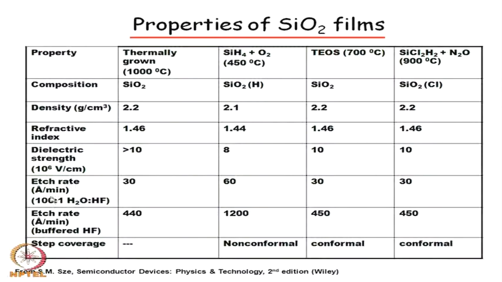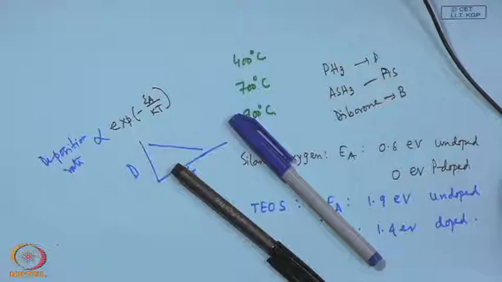Then another property is the etch rate, how fast one can etch SiO2 over some material, because we know that for doping of silicon generally SiO2 masking is made. Now, with this doping of silicon you can see that the etching is very important, because after masking you have to remove the SiO2 from the surfaces.